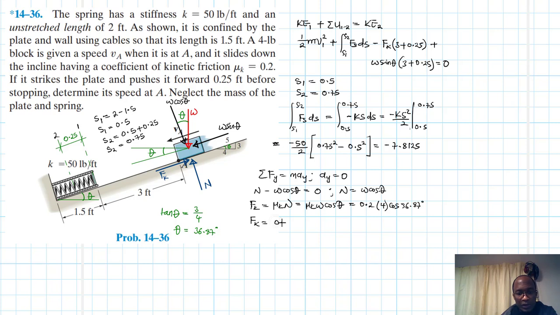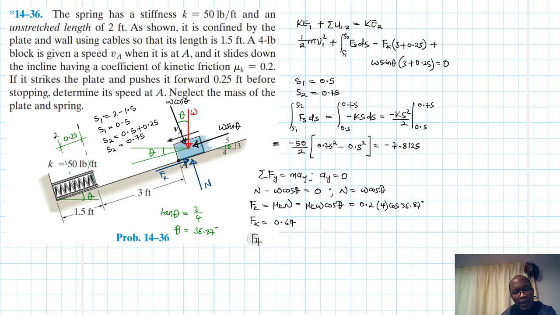So this we get 0.63999, which becomes 0.64, like so. Is that so? 0.2 times 4 times cos 36.87 is 0.64. Right.